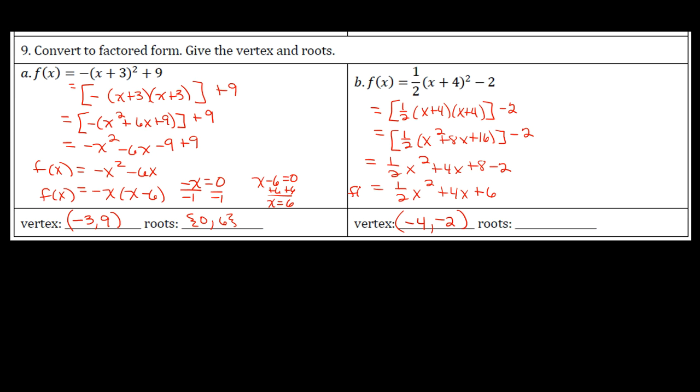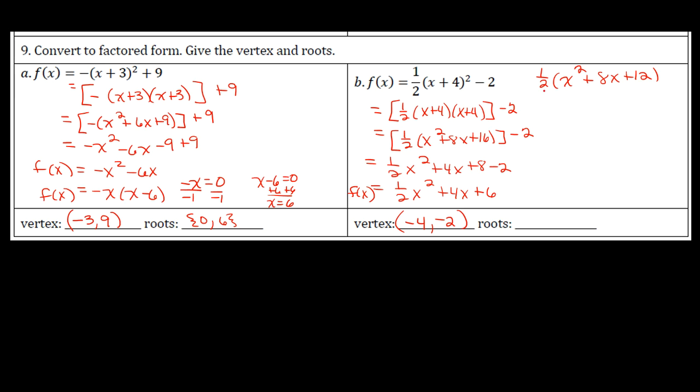So this is standard form. But again, now we need to get it into factored form. So I have to factor out my 1/2. So when I factor out 1/2, I'm left with x squared plus 8x plus 12.